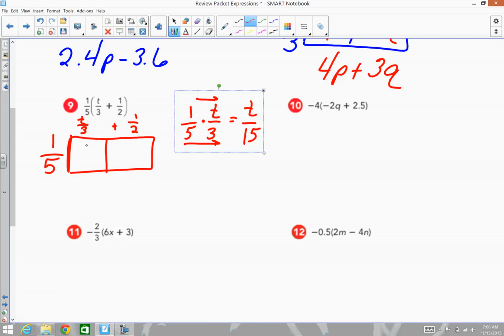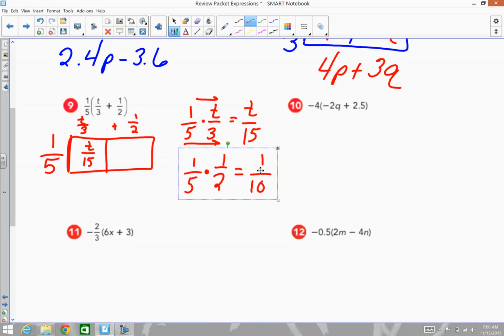Okay, so we should be getting t over 15 here. And then we have 1/5 times 1/2. 1 times 1 is 1, and 5 times 2 is 10. So this is plus 1/10, and that's our answer. T over 15 plus 1/10.